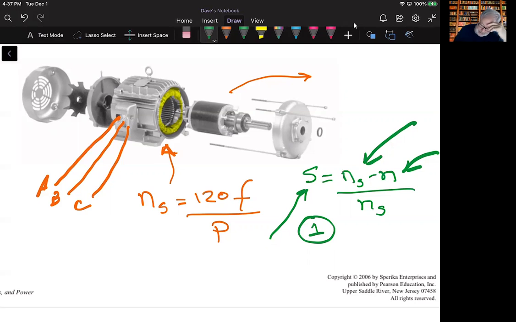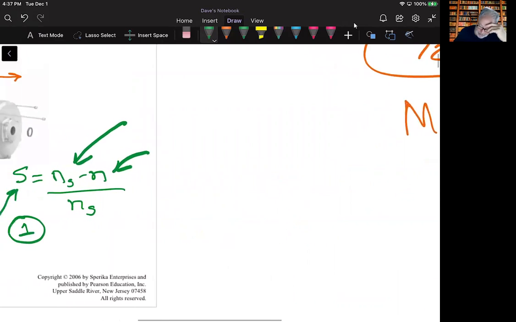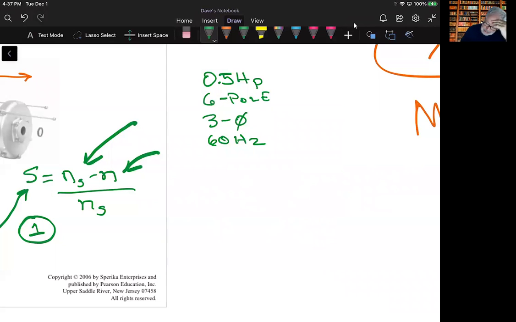So let's work an example. I have a half horsepower, 6-pole induction motor, 3-phase, 60 hertz. This is the output power, and this is the number of poles in the motor.